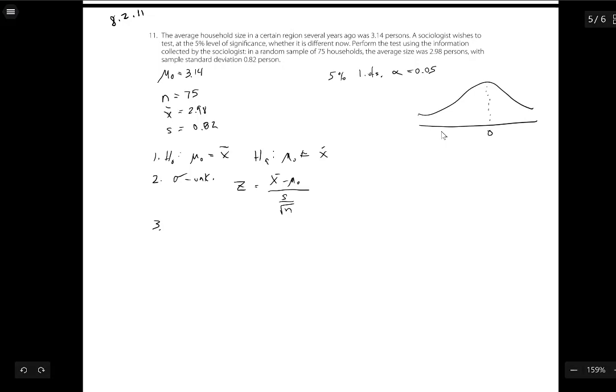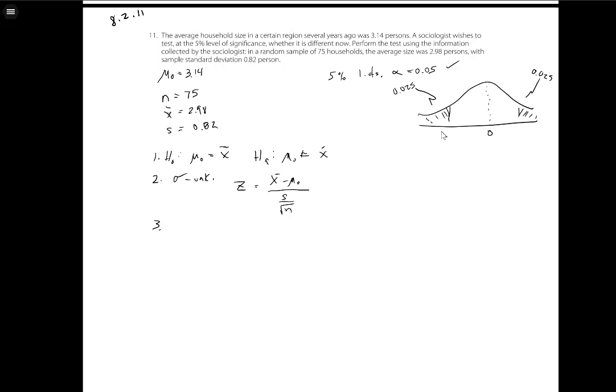What we're looking at is finding what areas out here in our standard normal have 2.5% of the probability on either half. And 2.5 on either half adds up to 5 across the whole, which gets us back to our alpha of 0.05. Then we have a two-tail test because we're looking at both the upper and the lower, because it's different.